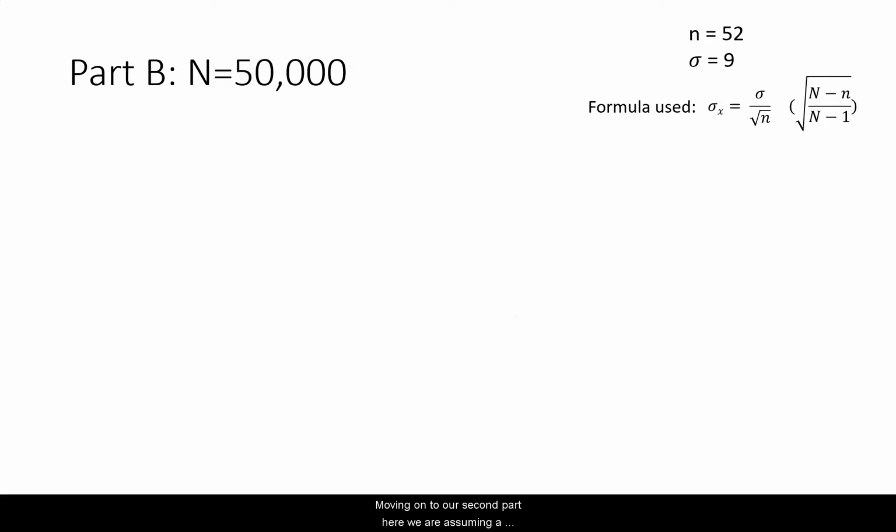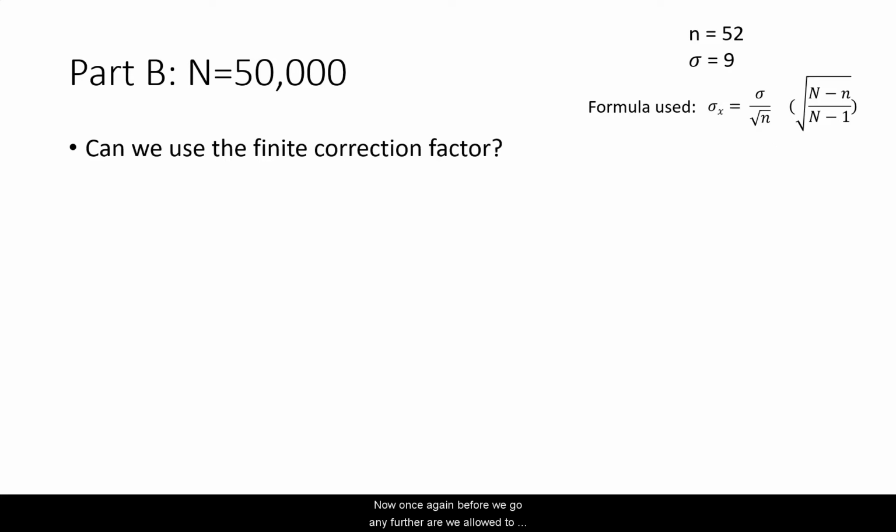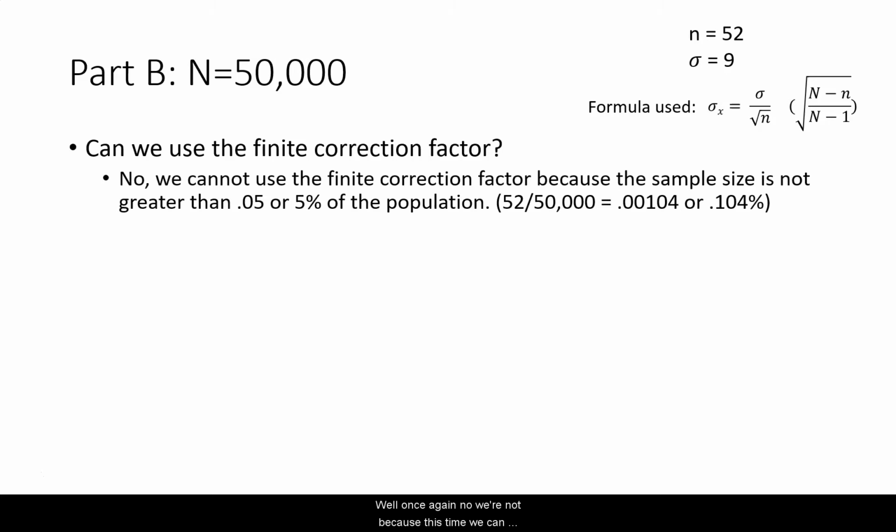Moving on to our second part here, we are assuming a population size of 50,000. Now once again, before we go any further, are we allowed to use the finite correction factor here? Well, once again, no, we're not, because this time we can actually check, and it turns out our sample size is only 0.1% of our population, which means that our sample size is not greater than 5% of our population, so we cannot use it.